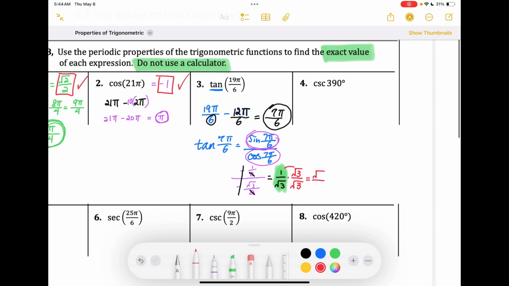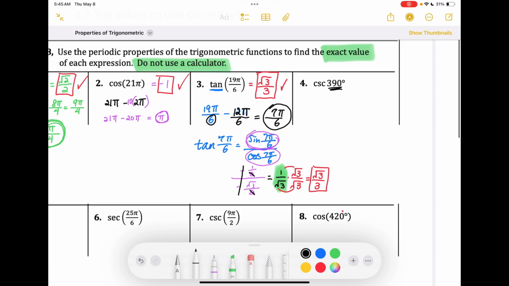What will be my final perfect answer? 1 times square root 3 is square root 3, and square root 3 times square root 3 is 3. So finally, my perfect answer is square root 3 over 3. And yes, no calculator. Good.